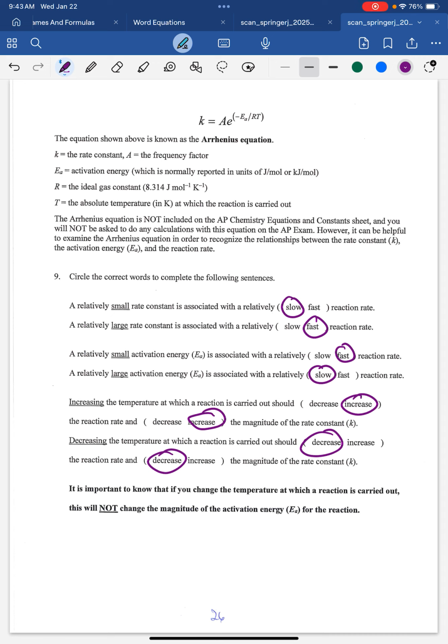We just get there faster when the temperature is higher. It's easier to get over the hill.